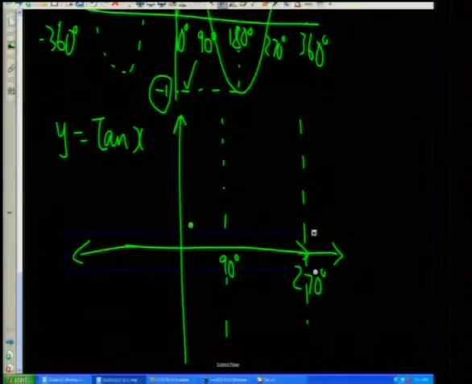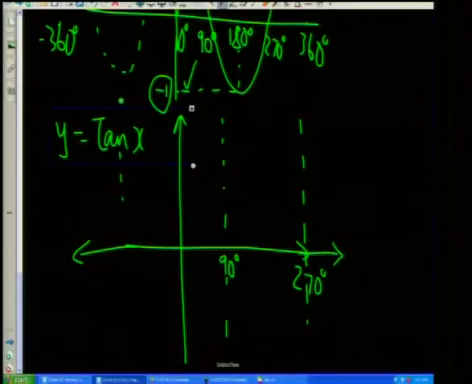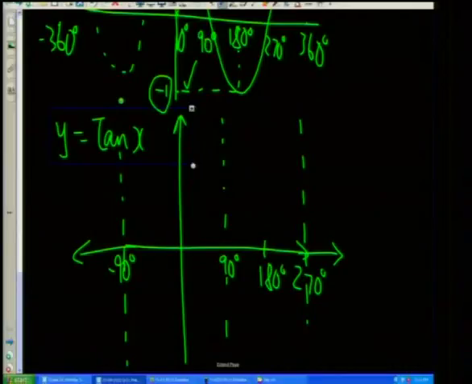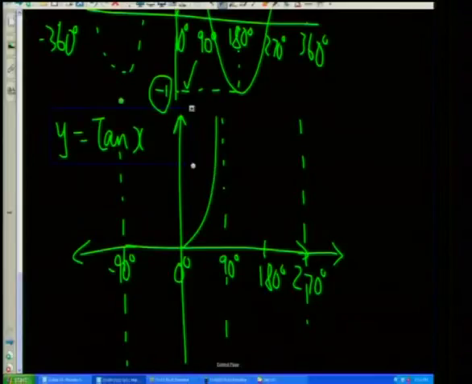So every odd multiple will have that asymptote. Minus 90 degrees, and so on. That's 180 there, and 0 degrees. So your graph is going to look like that.